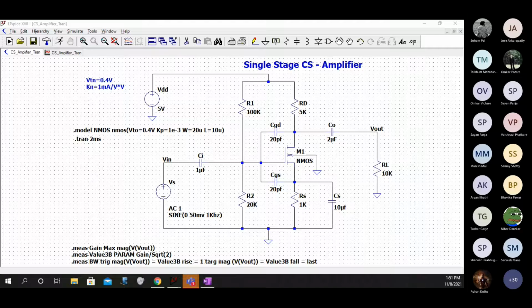In this case, I want to see that it has failed, just to make you understand that .measure doesn't work with .tran. Now this is what you have to actually learn. The CS amplifier is okay. We have already calculated and we know the expected values. But using this command is slightly more important.